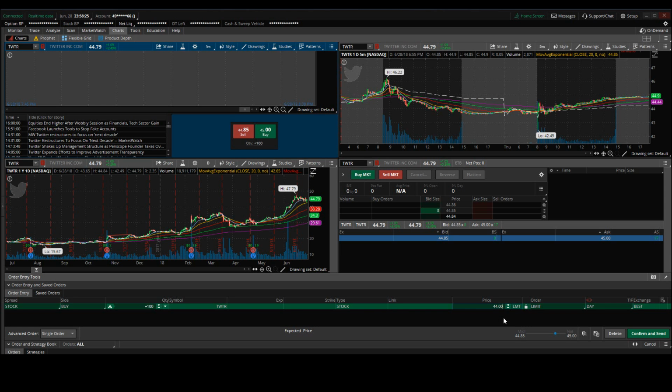Well, if it gapped down, put a difference of 50 cents in there, because $43.50 is below this number, because you are saying that this is the max amount that you are willing to pay for your shares each. You would actually fill your order at $43.50 or whatever number below $44.